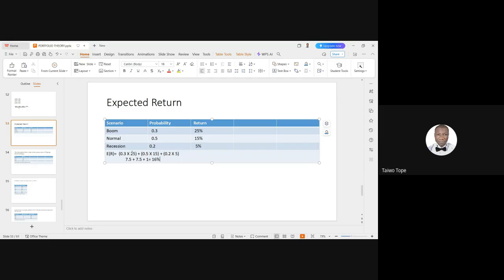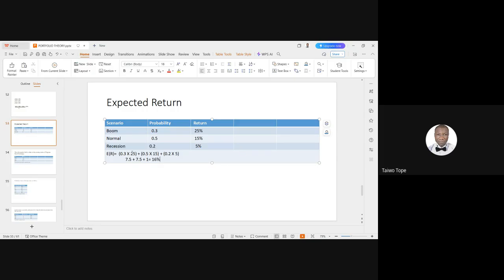So this is where expected return is required of you in a question to determine the return. This expected return can also be seen as the mean. In a way, that is R bar. You know, the mean is X bar in statistics. This also can be seen as R bar. As we move forward, you will see what I'm talking about in a better way.